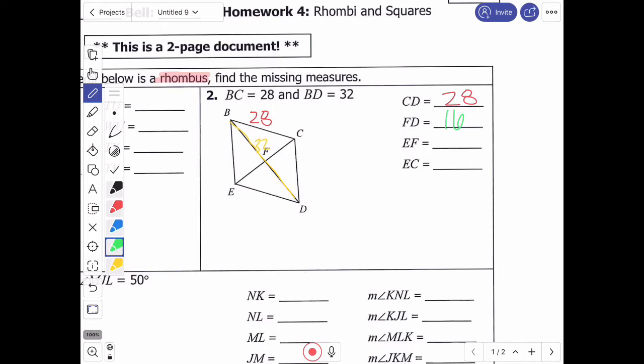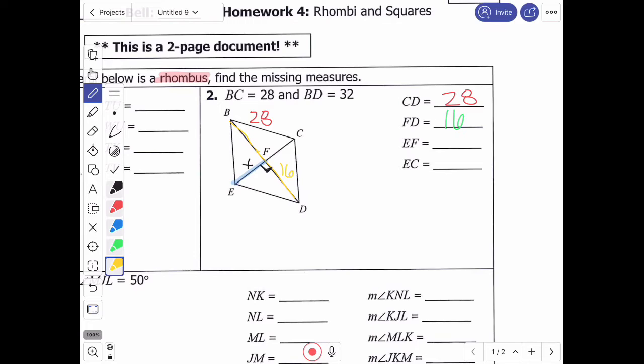The next I'm going to find is EF. So if I look at EF, let me get blue. Here's EF. So the part about the diagonals bisecting each other and forming that 90-degree angle is where we start to think about the Pythagorean theorem. So if I'm finding EF, EF is like my x. I know that FD is 16.